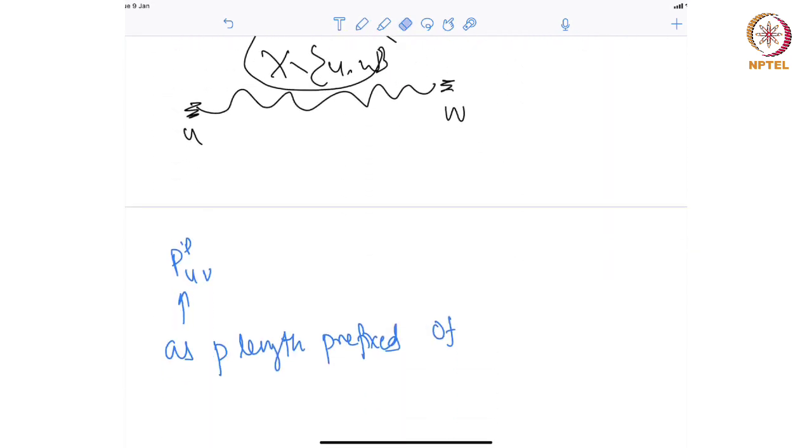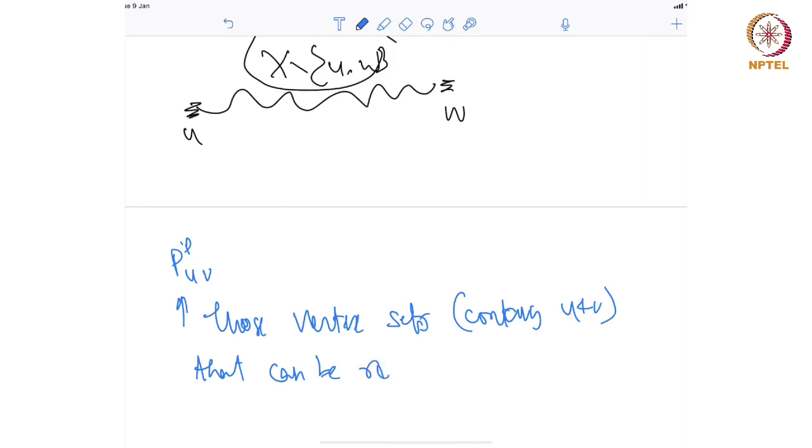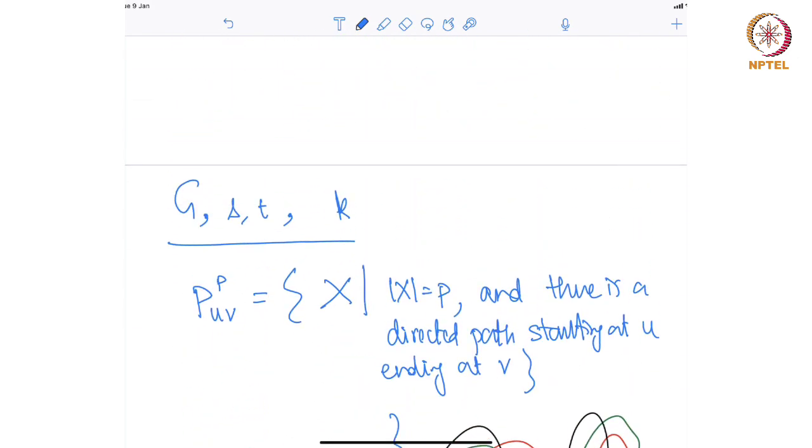We could just say that these are nothing but those vertex sets, of course containing u and v, that can be realized as a path of length p between u and v. Okay.